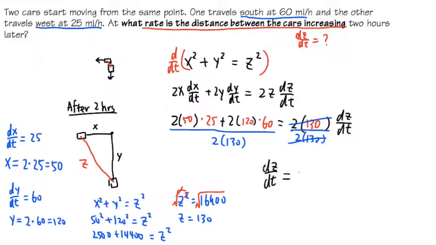We will get this is equal to positive 65. And we know the sign is correct because the distance between the cars is getting longer and longer. So this is the correct sign, positive 65. And then this is the speed, so we know we're talking about miles per hour. So just indicate that, miles per hour, mph. And then we will be done. That's it.